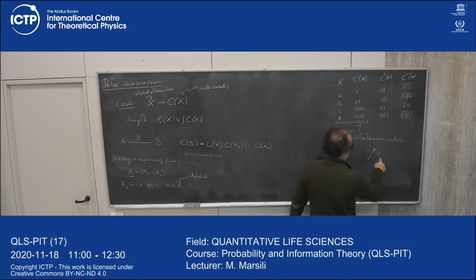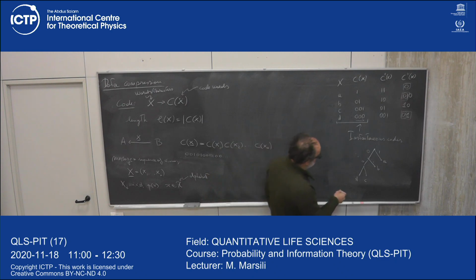So for example, here there will be A, then here there will be B, well this is again 0 and this is 1. Here there will be B, and here there will be C. Okay?